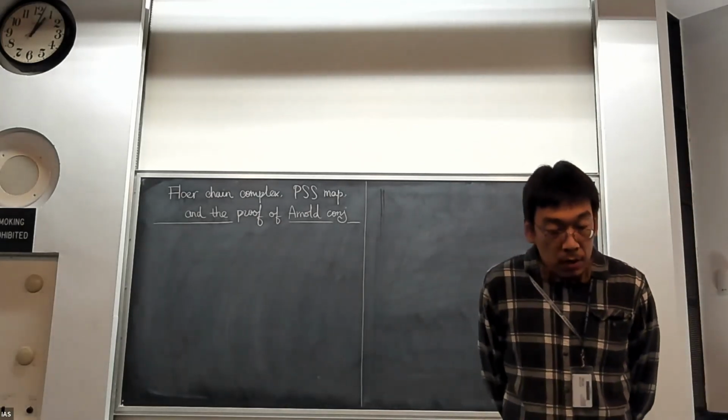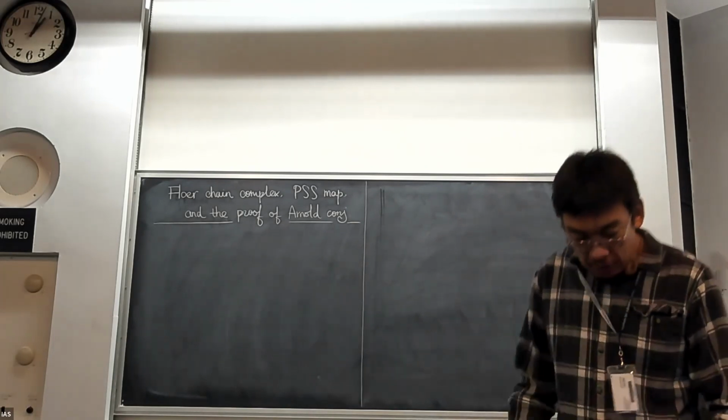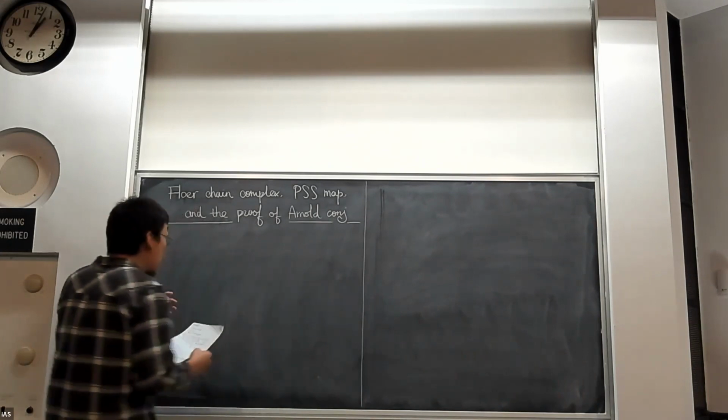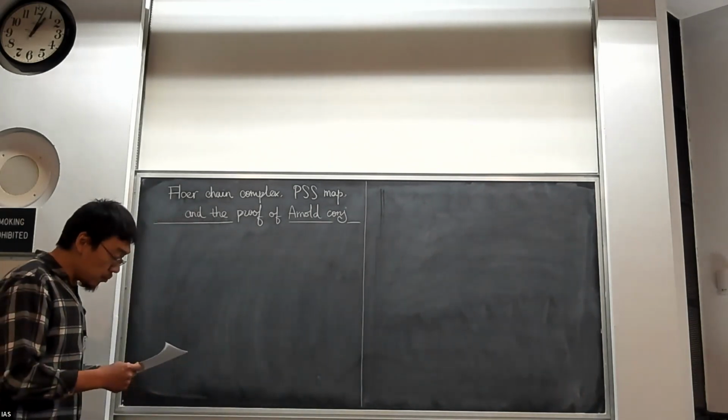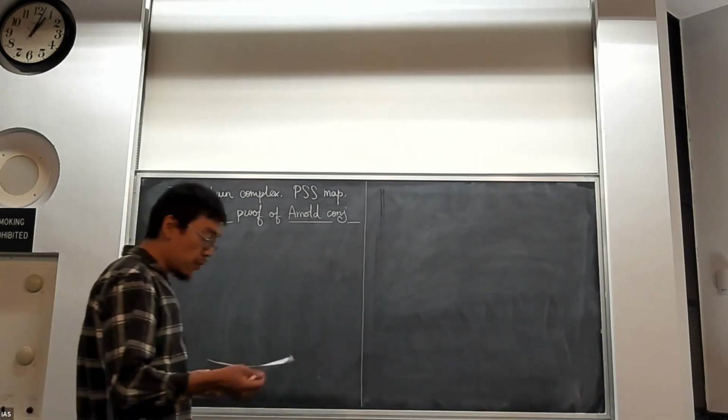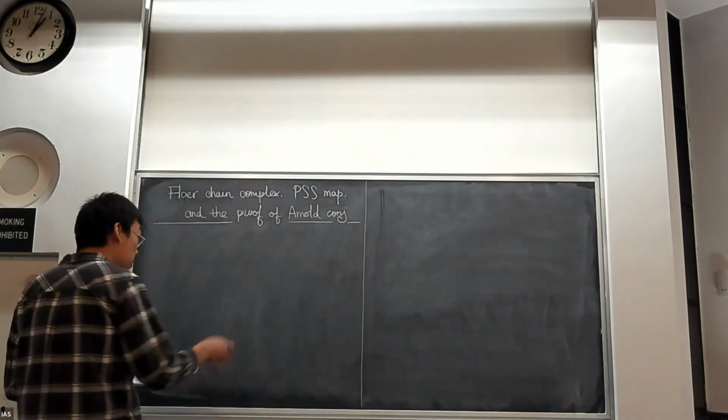So first, let me give you more details about this definition of the chain complex. Last time we explained how to construct global smooth Kuranishi charts on the Floer moduli spaces.